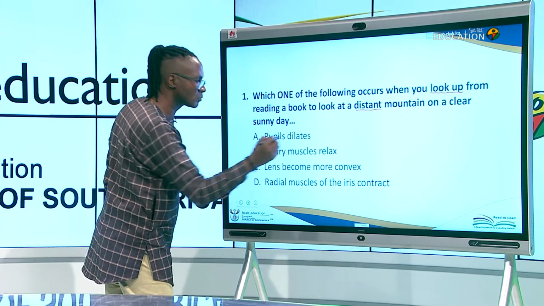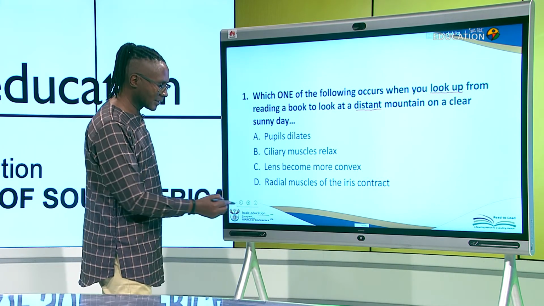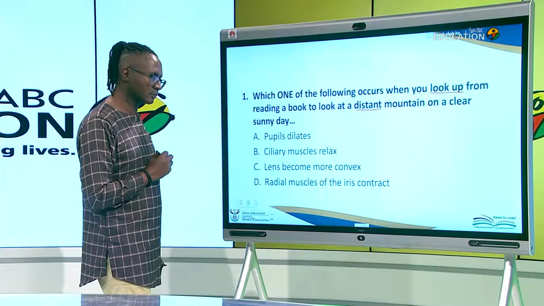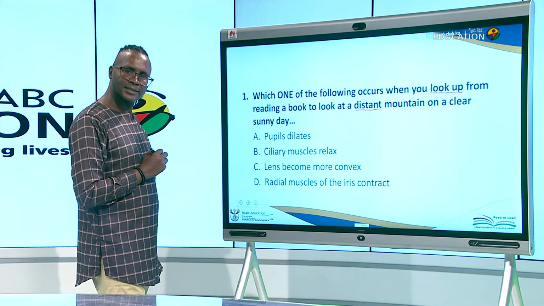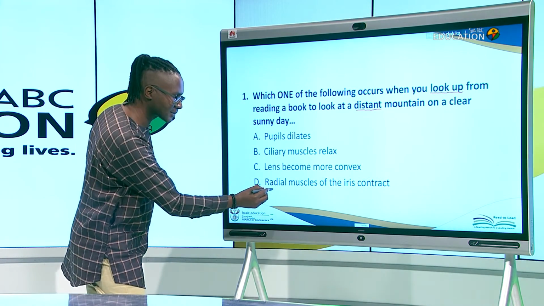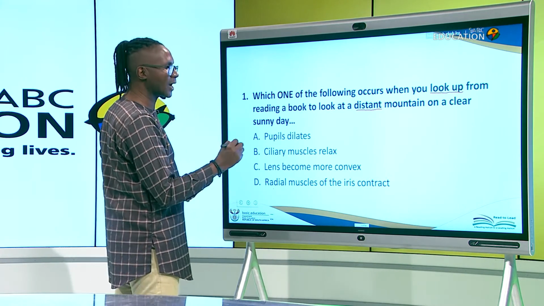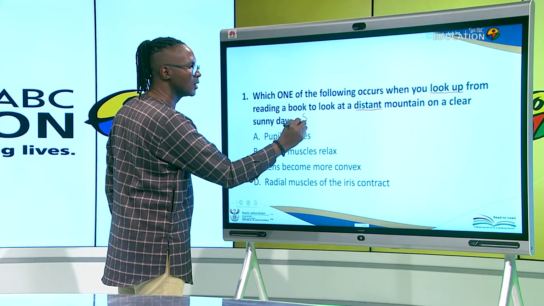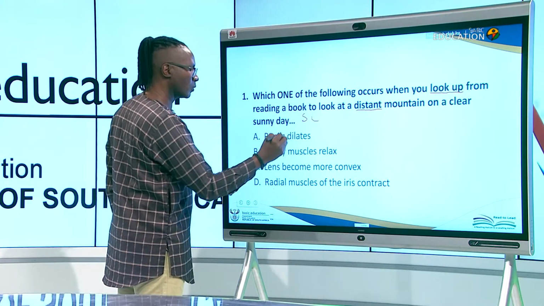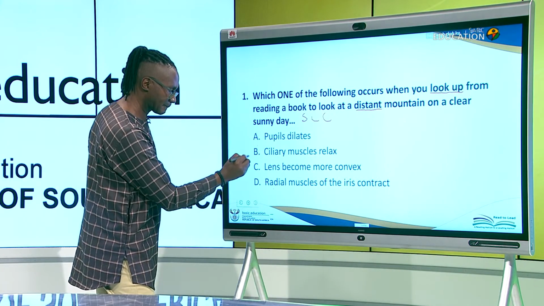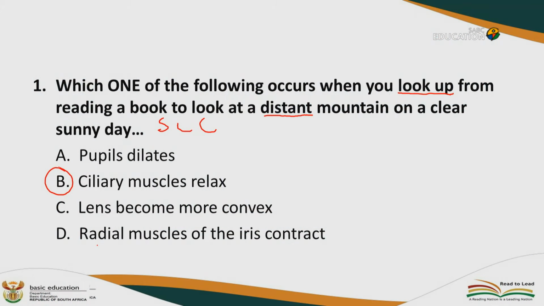A is out, because this one doesn't speak to accommodation. And what else does not work? The radial muscles. Because with accommodation, we're talking about the suspensory ligaments, the lens, the ciliary muscles. So our answer should be B. B is our answer.